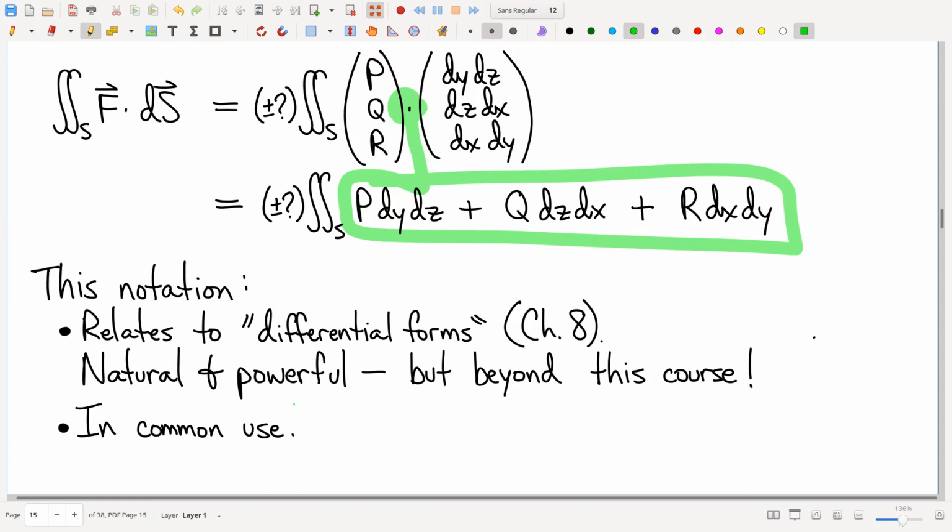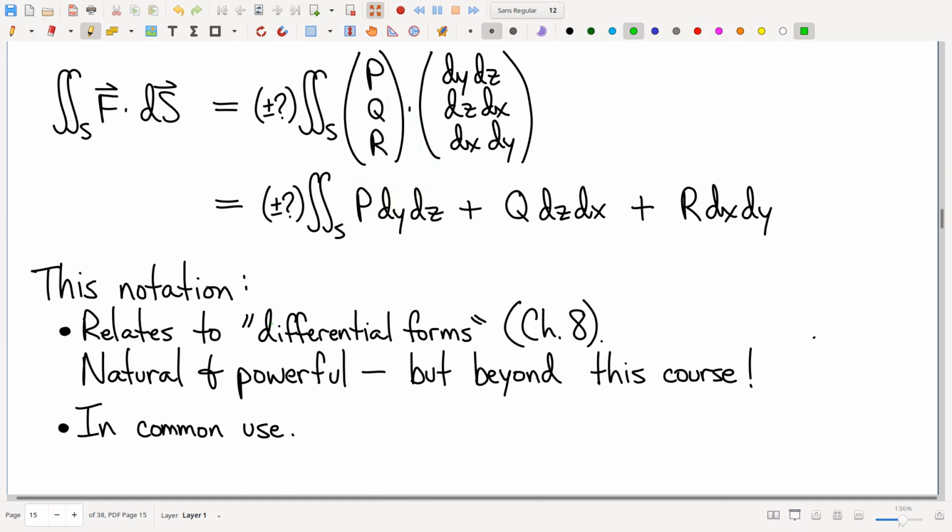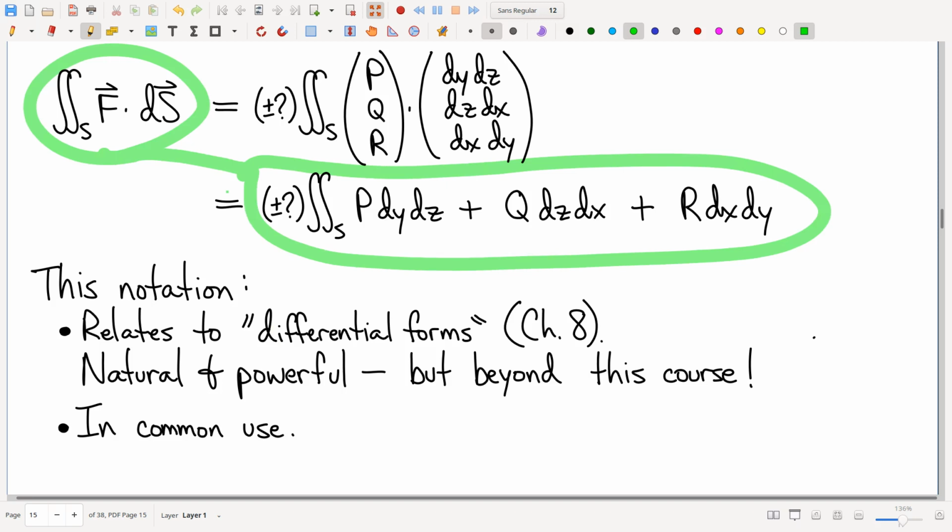So there's our alternative notation. If you have a flux, your alternative notation is to write it like that.